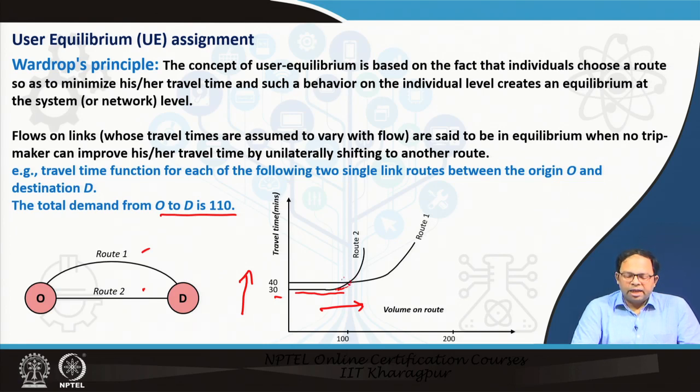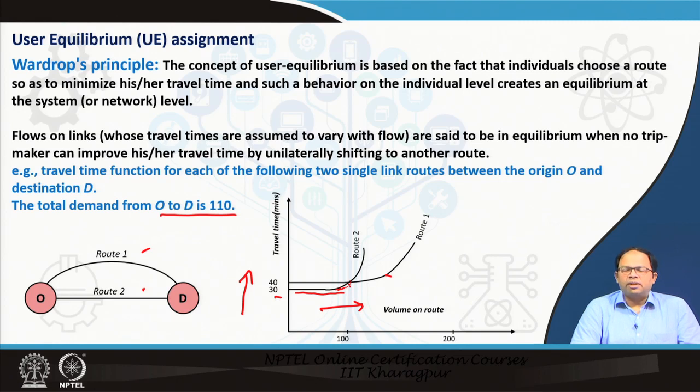So, they will get assigned to route number 1, and they will continue to do that till it again increases, and then it becomes maybe 42 as well, and then again people may fall back to route 2. So, this is the process where eventually we find that the travel time in both the routes has more or less reached the same level.